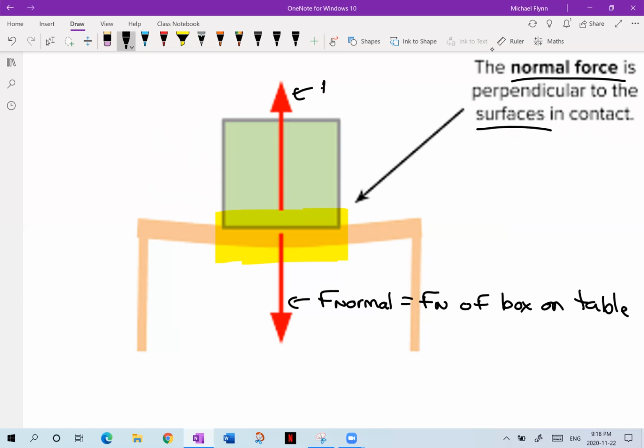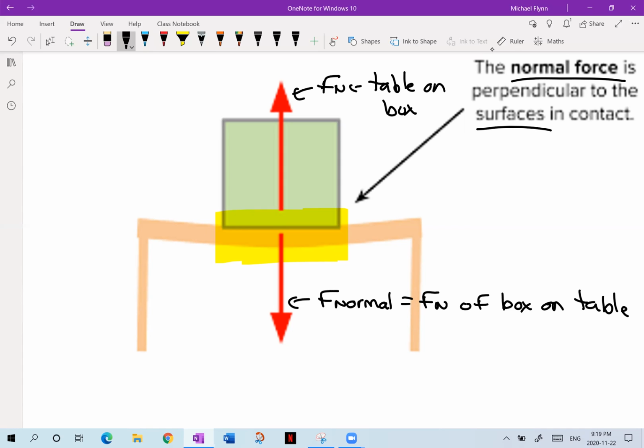Well, here, this normal force is the one caused by the table on the box. So both the box and the table have surfaces that push. In this case, the bottom of the box pushes down on the table, but the top of the table pushes up on the box. Okay, and this is how normal forces operate.